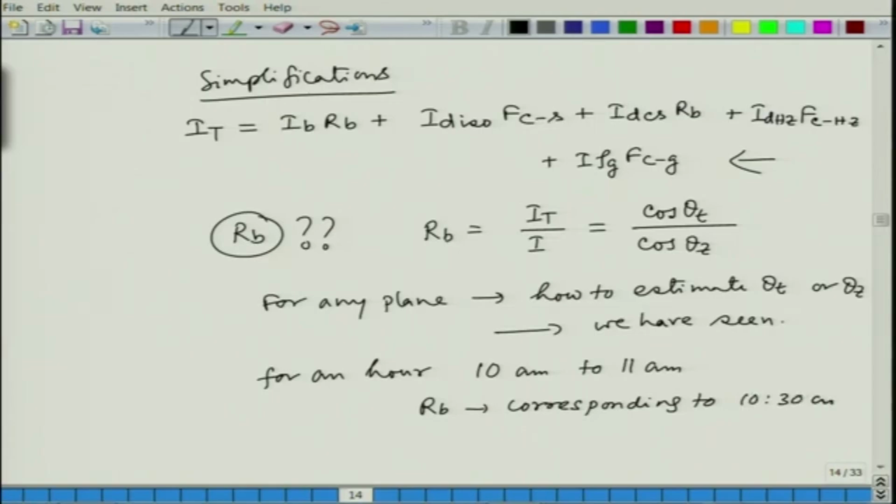That is how we estimate R B, because it is not possible to do it every minute and take the overall effect.